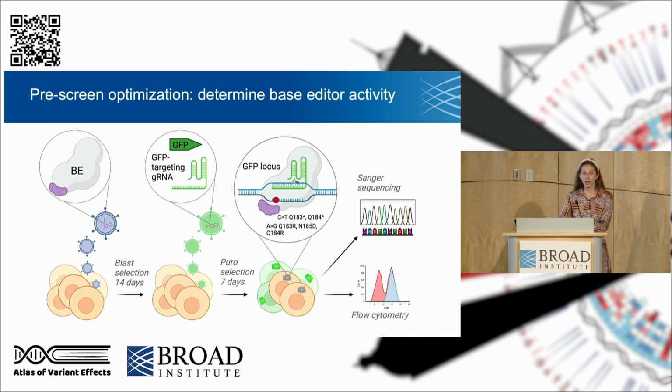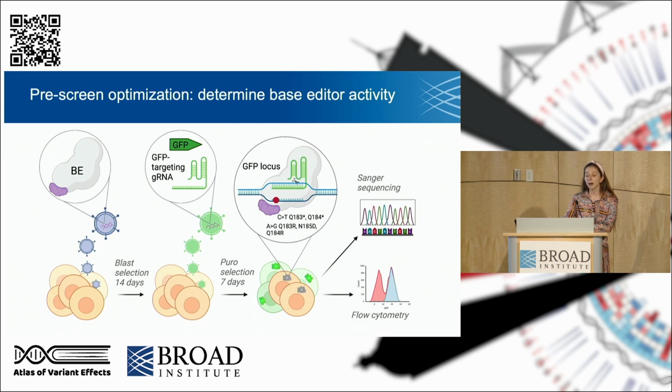In order to check for the base editor activity, one may perform a base editor activity assay. Briefly, we would deliver the base editor into the cells of interest, perform a selection, and then deliver a second virus that encodes the GFP protein sequence and expresses the guide RNA which targets the GFP sequence.